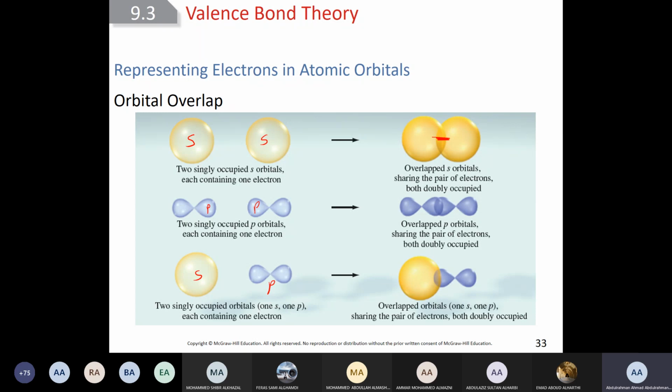Look at how the bond takes place here, here, and here. When the interaction is head to head, or end to end, sometimes some people call it end to end or head to head, then we call this bond sigma.